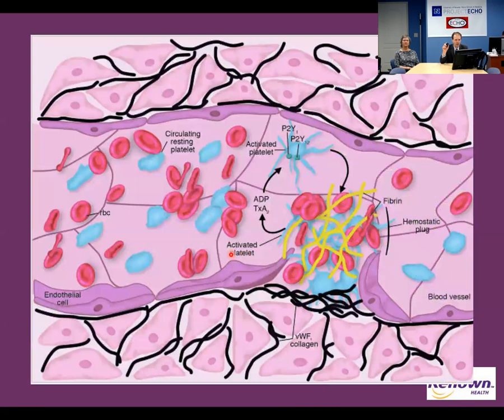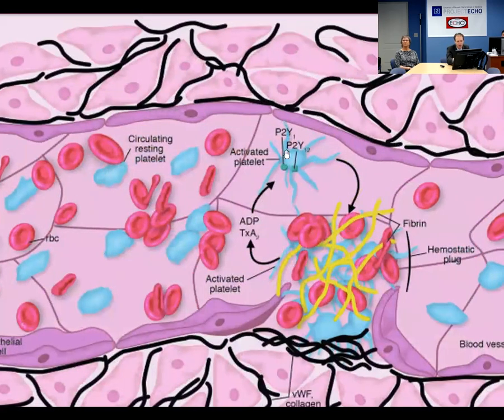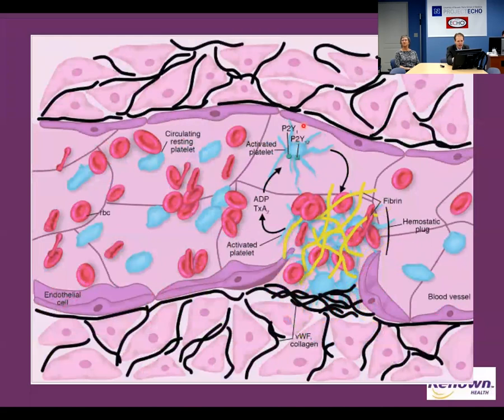It's central. And on that ADP receptor is a specific part of the receptor, the P2Y12. And that P2Y12 portion of the ADP receptor is the target for therapy that we use with all of our modern antiplatelet therapies.